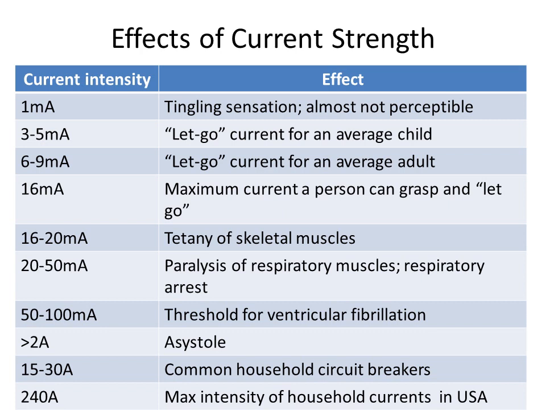This chart explains the different types of sensations or effects with the current intensity. The very common question that I have seen is the first one, that is, what happens when there is 1 milliampere current going? Tingling sensation and almost non-appreciable.